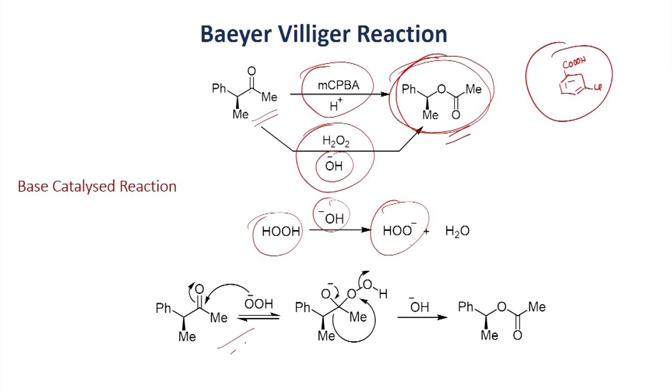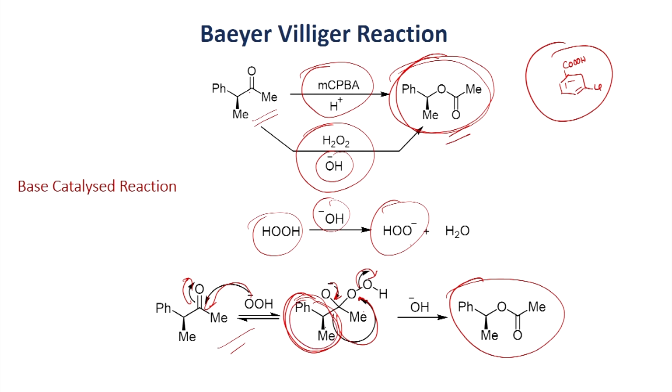Now let us look at the mechanism shown here. This can undergo addition reaction to this carbonyl group, and you will have this intermediate. Once we have this one, this group can migrate here, and you will be able to form this product. Among these, the migration of this group is more favored compared to that.